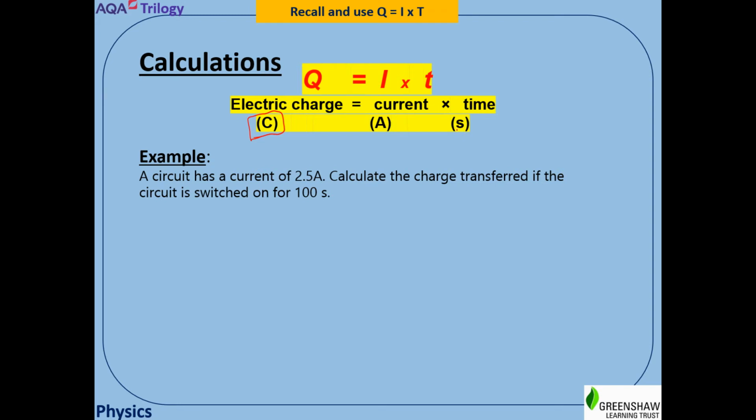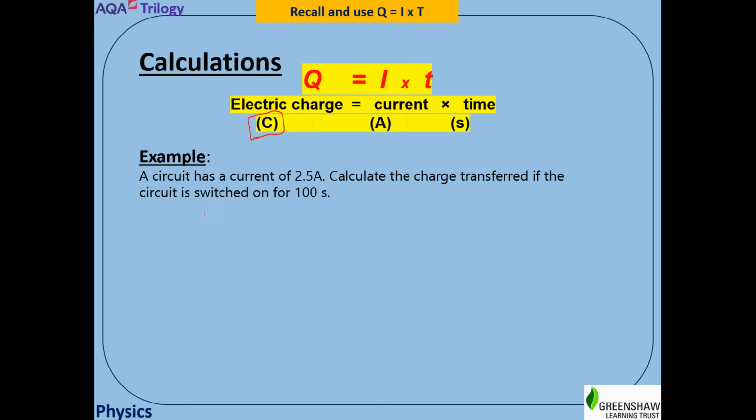Now I haven't gone through time in seconds because I'm going on the basis that you understand that already. So in order to work out these questions, we need to use this equation exactly. We need to make sure everything is in the right units, so amps for current and seconds for time. That will give us our answer of electric charge coming out in coulombs.